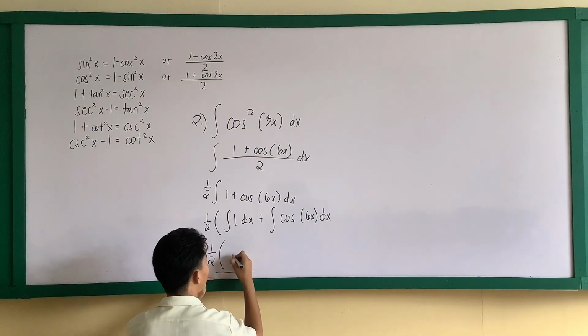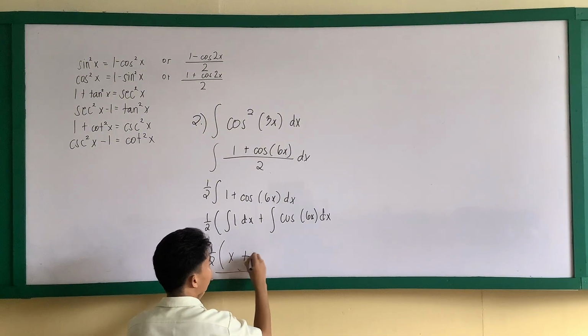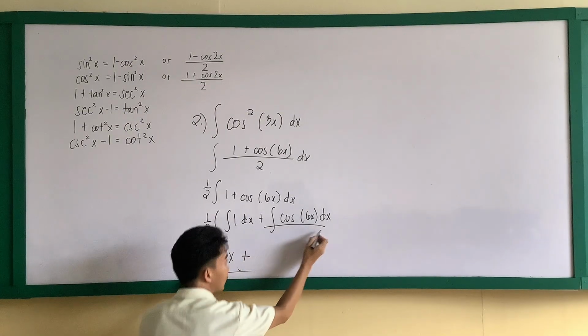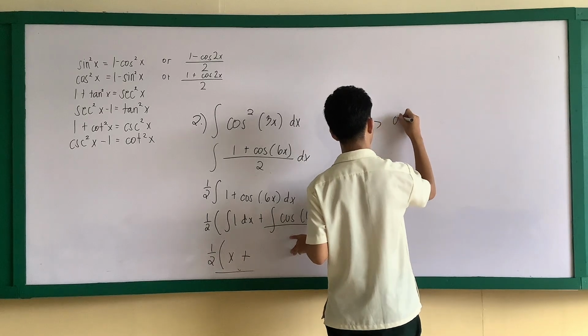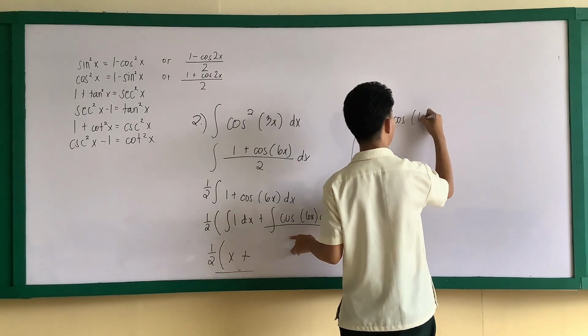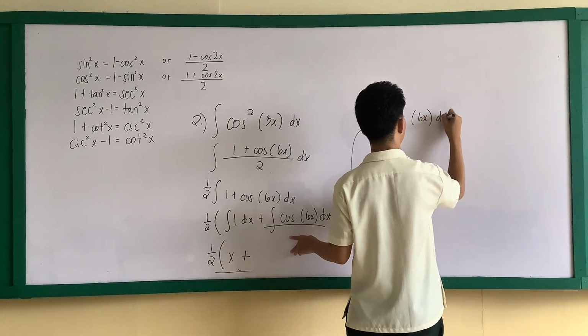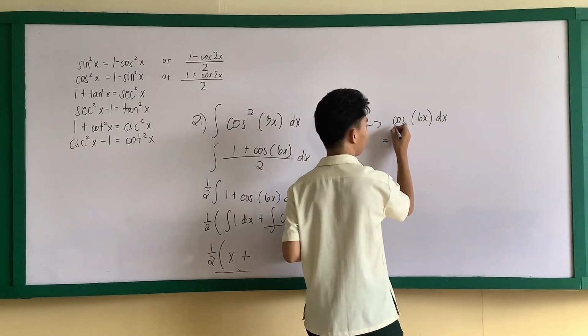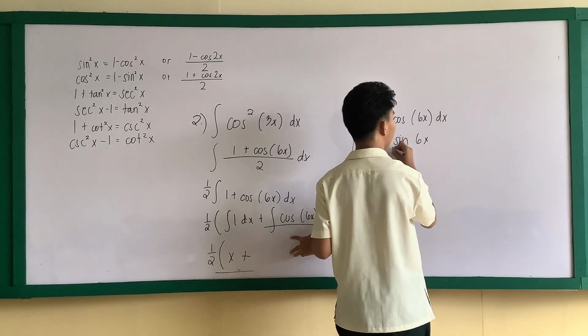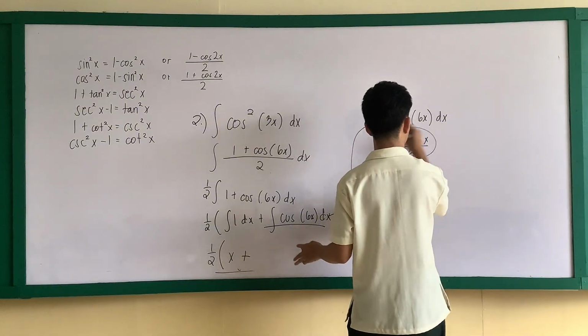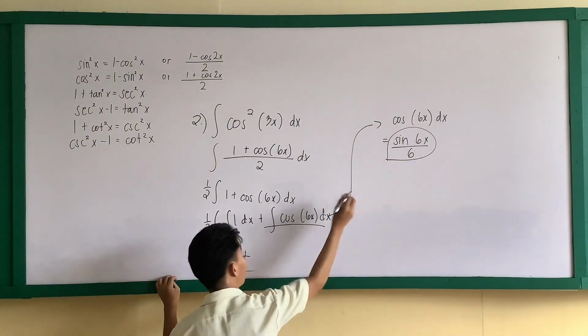Maging 1 dx is x na lang plus the integral of cosine 6x dx. So copy first cosine 6x dx. So maging integral na is the integral of cos is sine times 6x over 6. So ito na yung integral niya. So substitute lang natin dito.